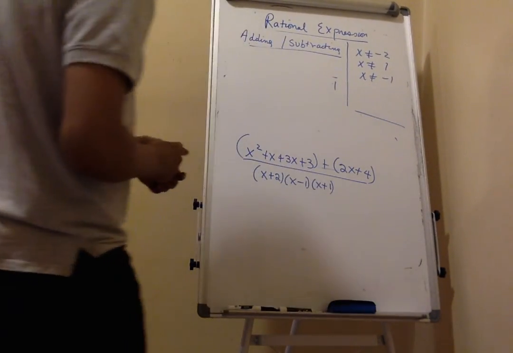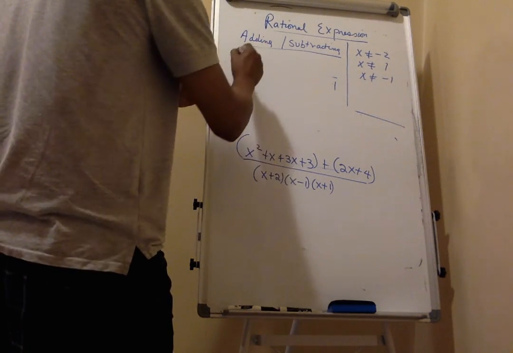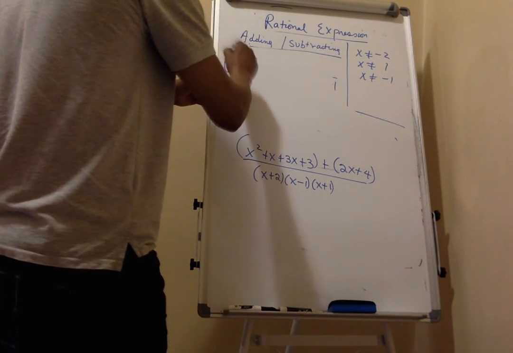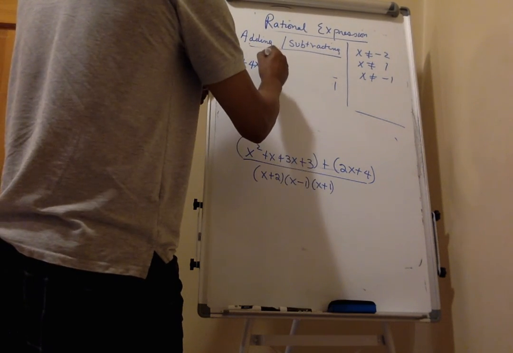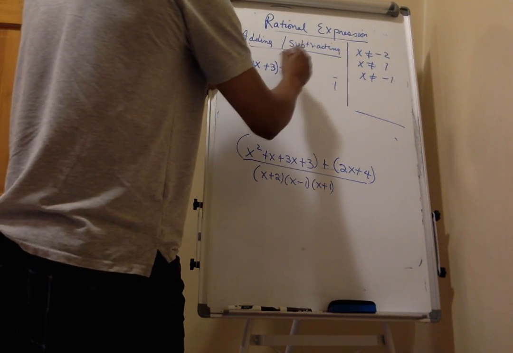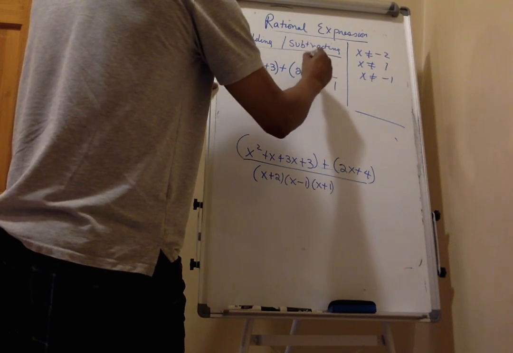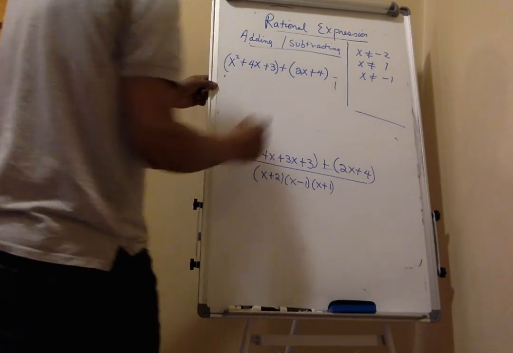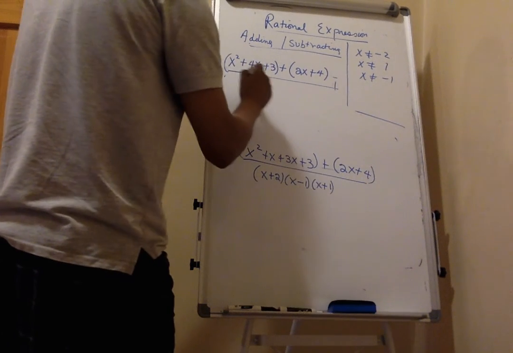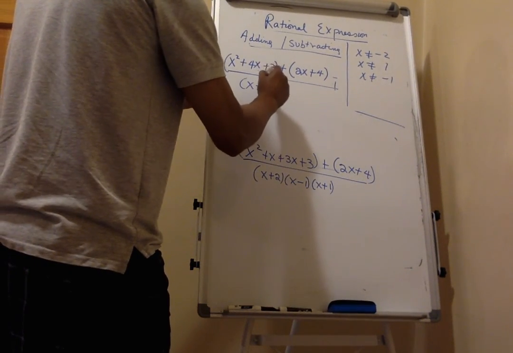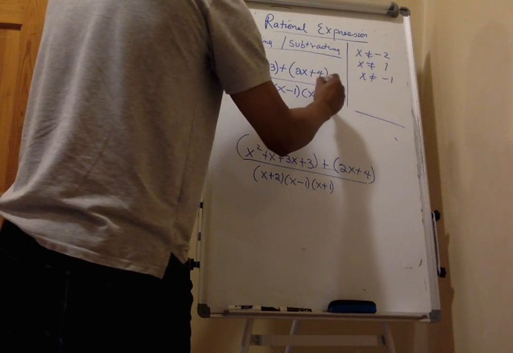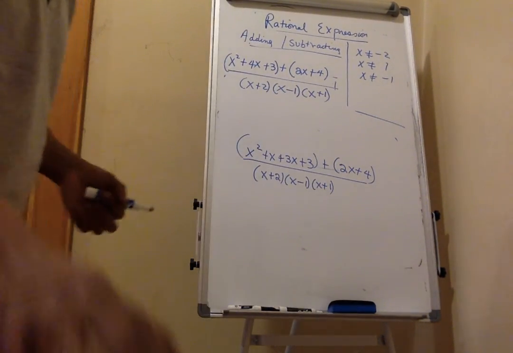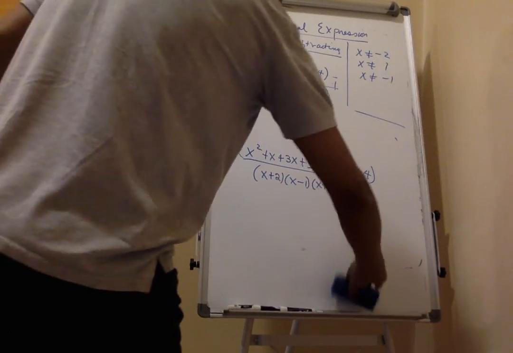Let's combine the like terms. x plus 3x is 4x. So I'm going to have x squared plus 4x plus 3 plus 2x plus 4 over x plus 2, x minus 1 and x plus 1. Okay. We're almost done.